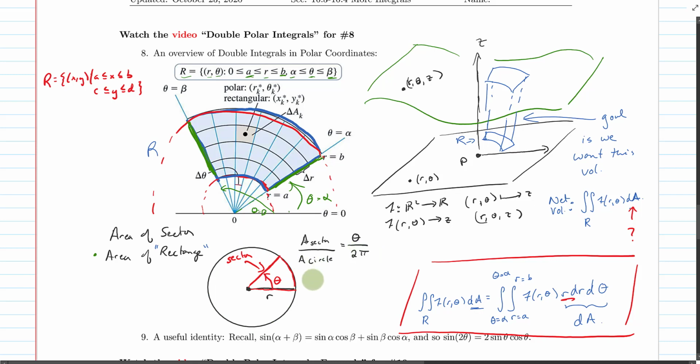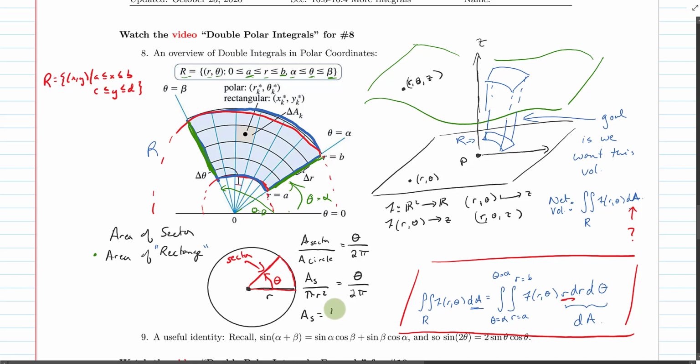Well, we already know what the area of a circle is, so the area of a sector, which I'll abbreviate A_S, is to pi r squared, the area of a circle, as theta, the angle of the sector, is to the angle that constructed the entire circle.